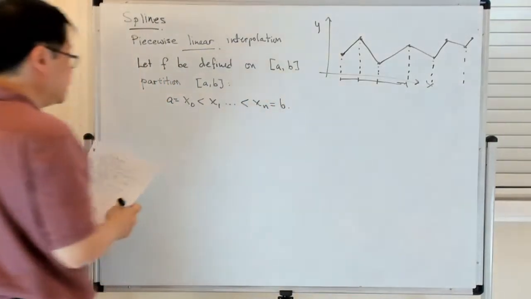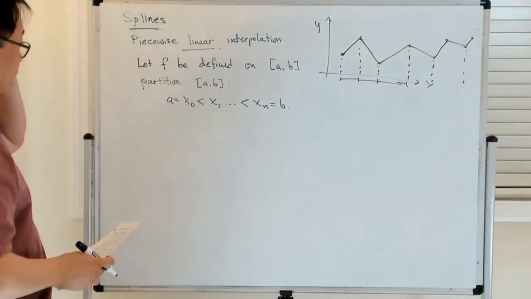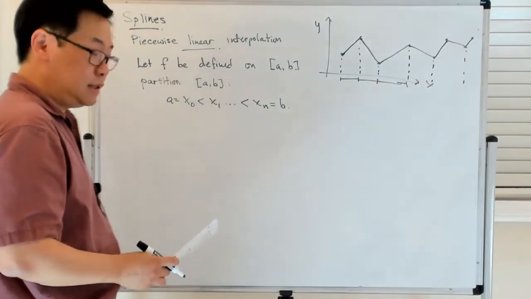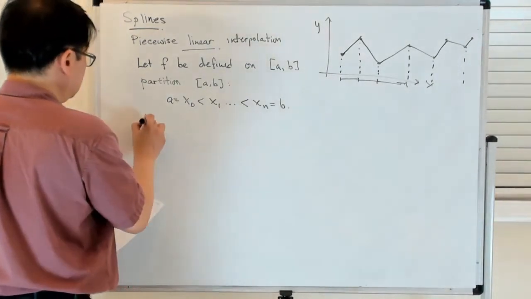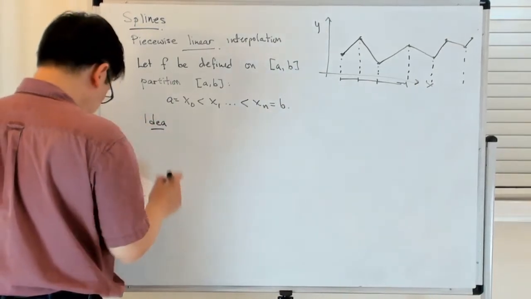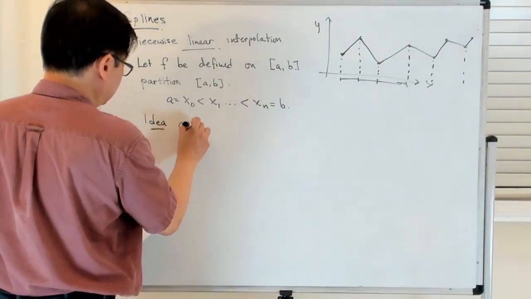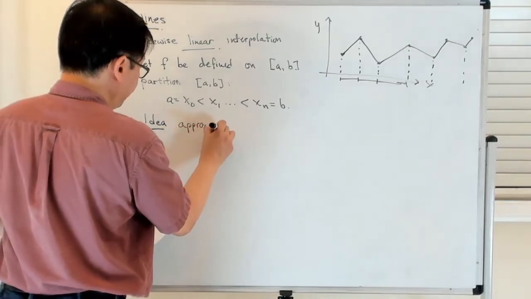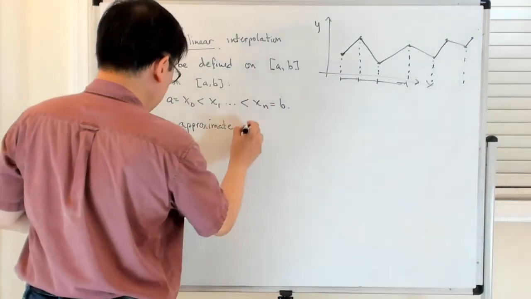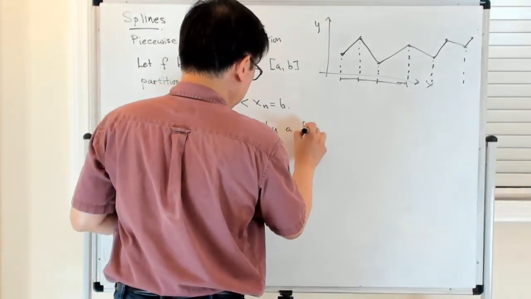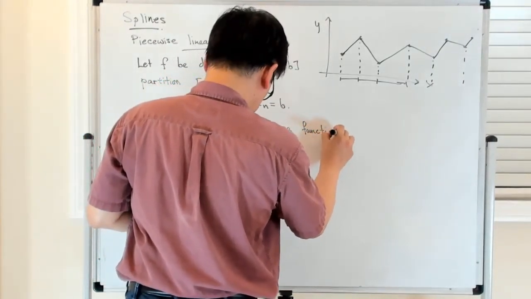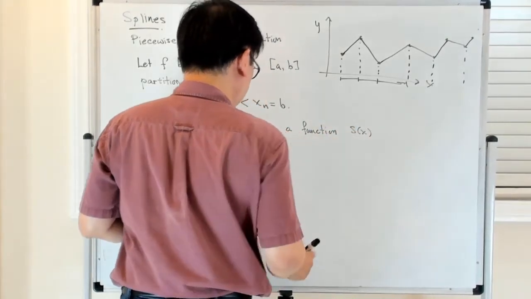So x0 is a, xn is b, and then you have this increasing sequence of points. So the idea then is to approximate f by a function, let's call it s of x, with the following properties.